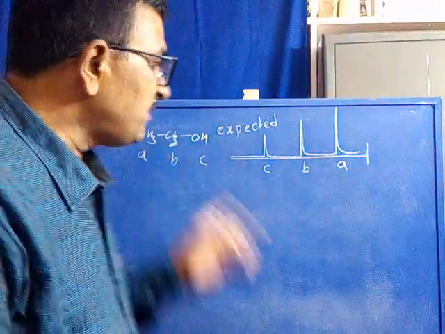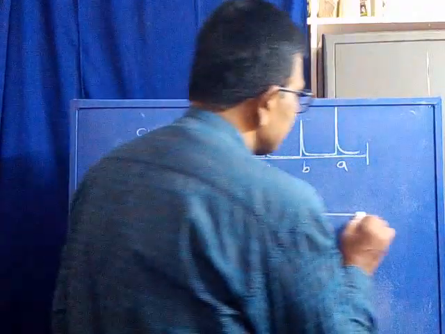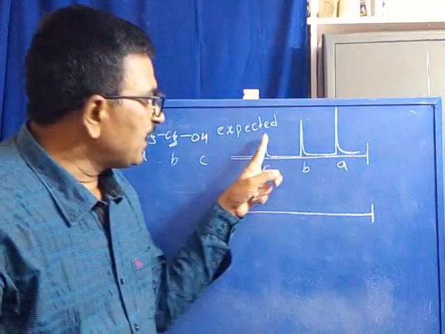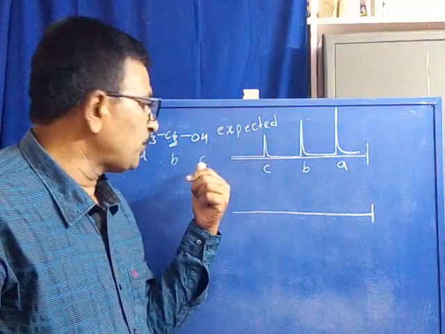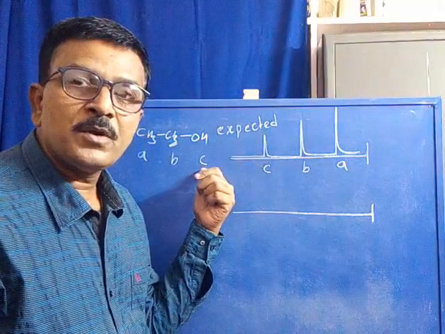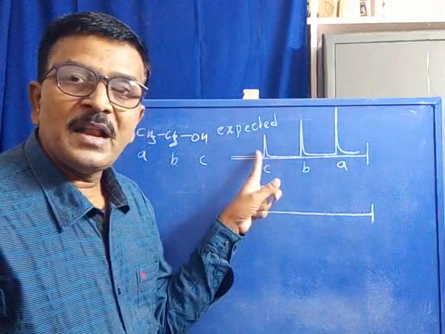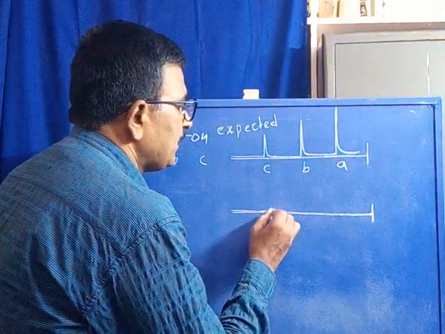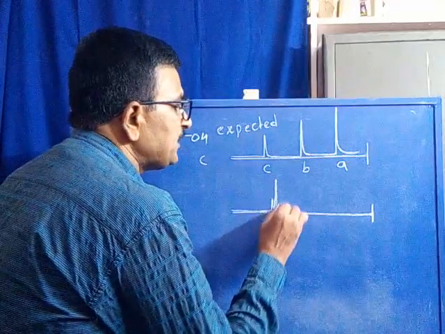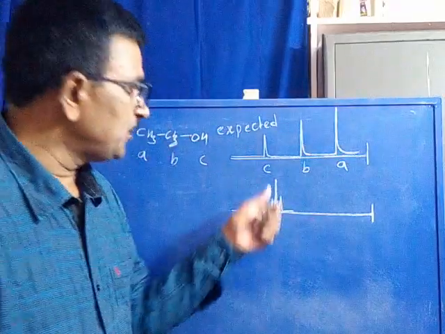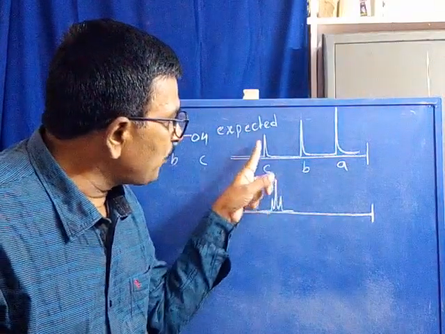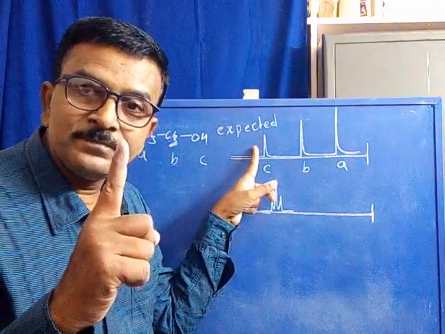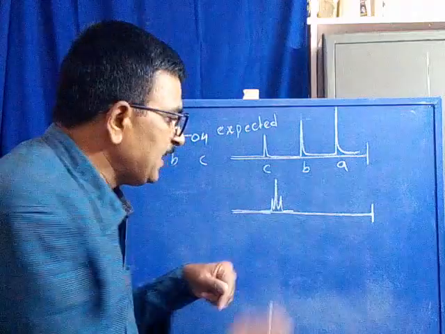Say, in this case, the same molecule where we expected the C set of protons, that is the OH set of protons, to appear with one line, but practically it appears with three lines. You can see the C proton signal, instead of appearing with one line, appears with three lines.